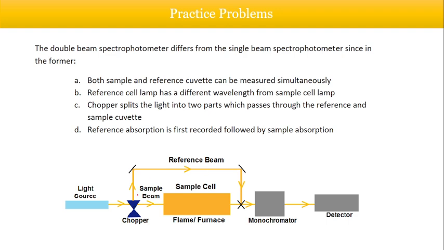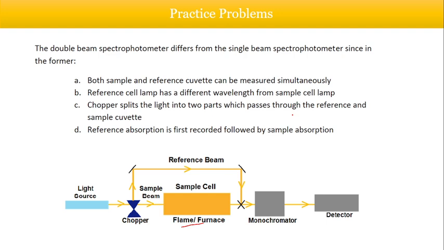A part of the light, as the sample beam, moves to the sample cell where we have the flame or the furnace, and then comes the monochromator followed by the detector. Another beam from the chopper moves as the reference beam and is reflected to the monochromator followed by the detector. So the chopper splits the light into two parts, which pass through the reference and the sample cuvette.